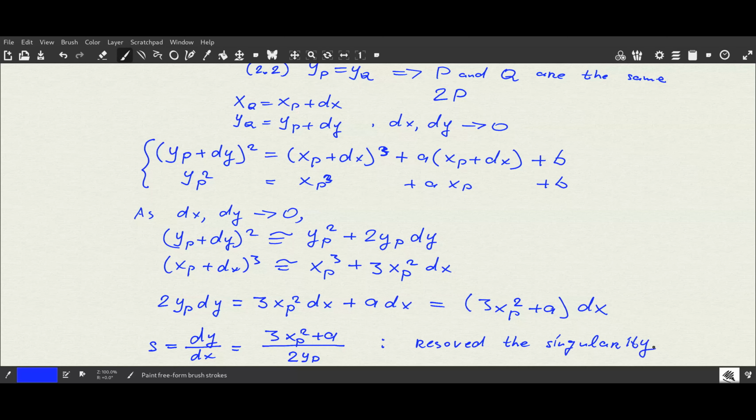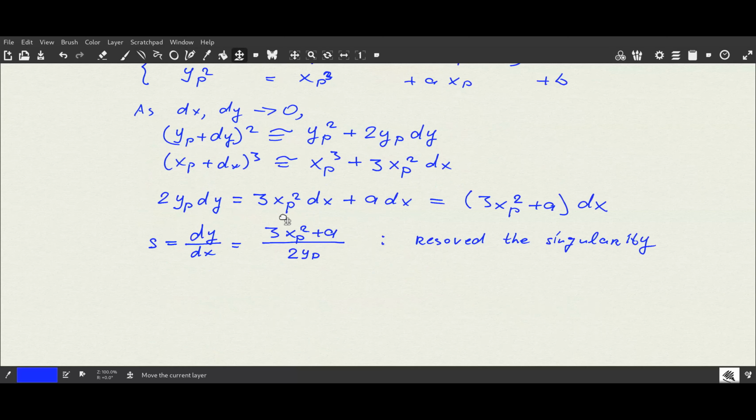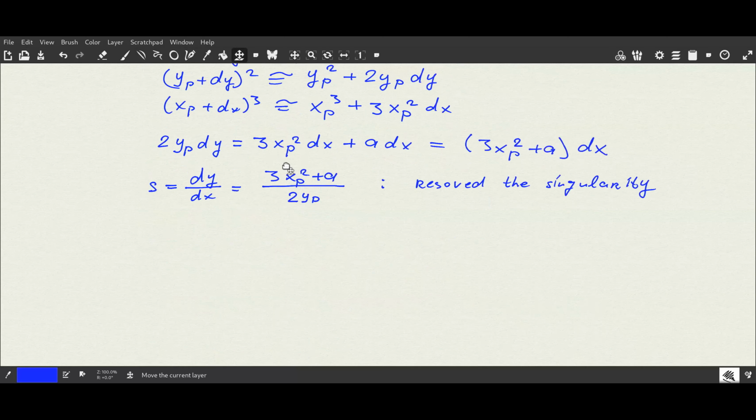Okay, and once this singularity is resolved, it is easy to see that all other formulas are again applicable straight away.